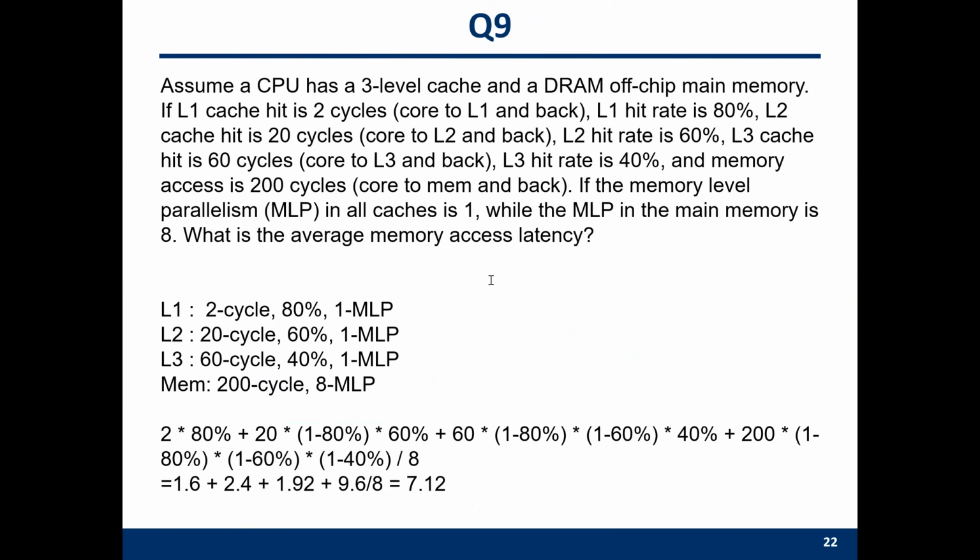We have different lines here, and you just divide by the memory level parallelism at the end of that line. For example, memory level parallelism is 8 for the DRAM, so in this item, you just divide it by 8. Any question on this one?